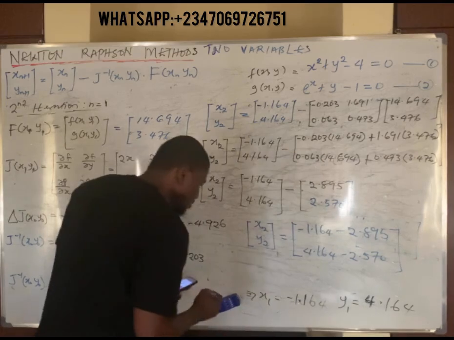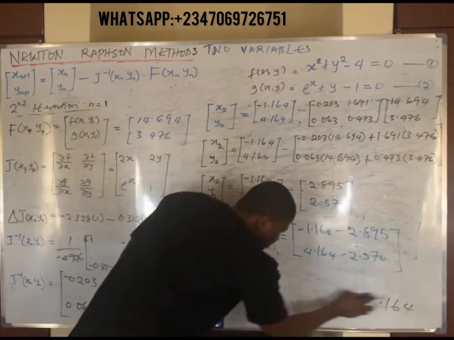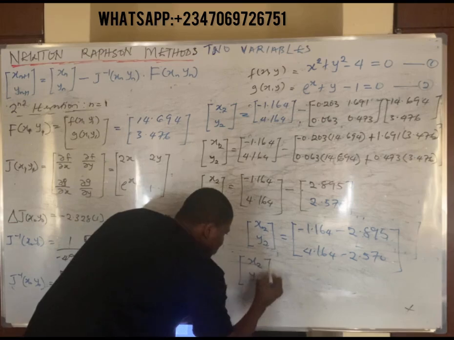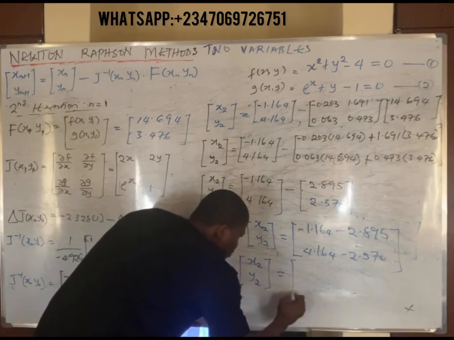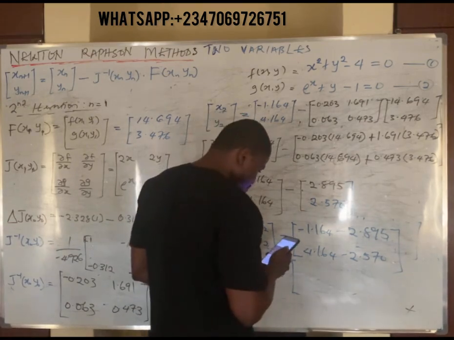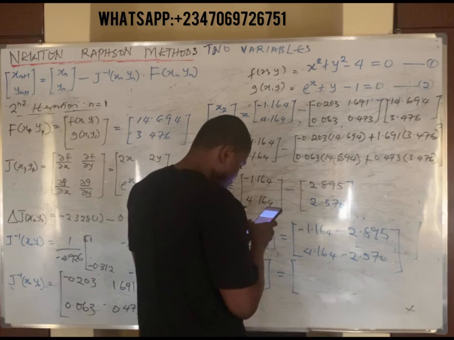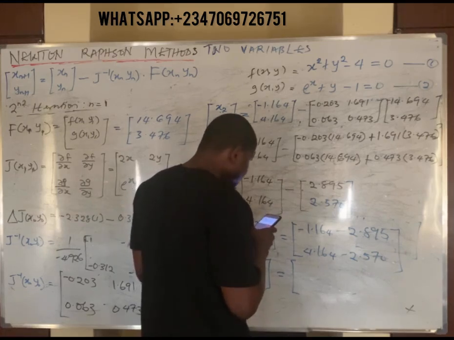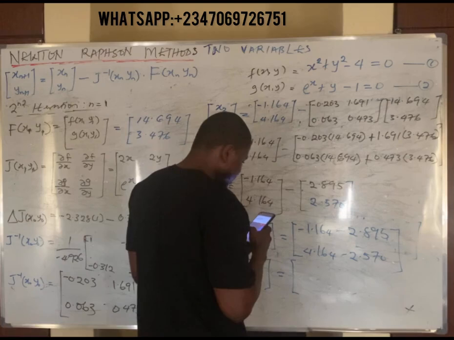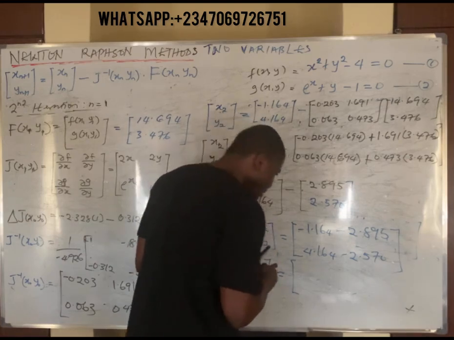So let's do this and see. So we simply have x2, y2 to now be equal to, so let's evaluate the first row, negative 1.164 minus 2.895. That gives us negative 4.059.